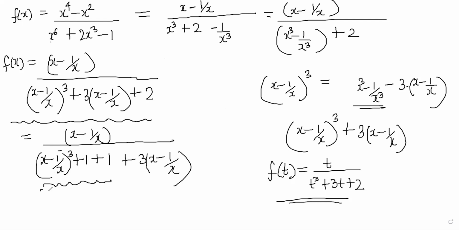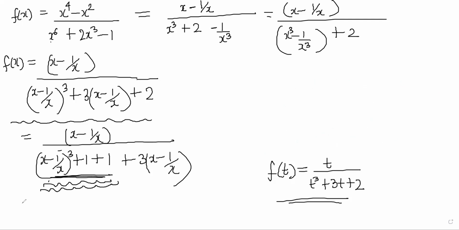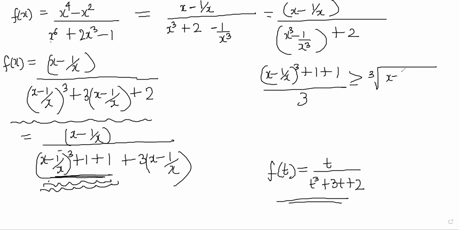This part, what we can do here is we can do AM-GM on these three terms. So how will we do AM-GM? We know that the AM of these three terms should be greater than the GM. So x minus 1 by x whole cube plus 1 plus 1, by 3, is greater than or equal to the cube root of x minus 1 by x whole cube into 1 into 1.